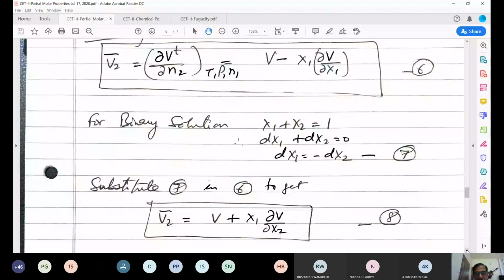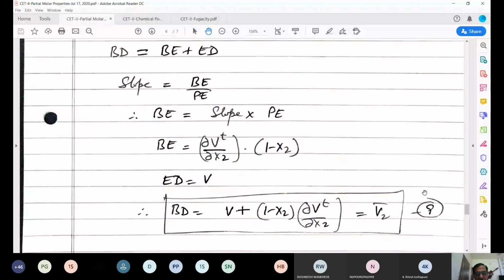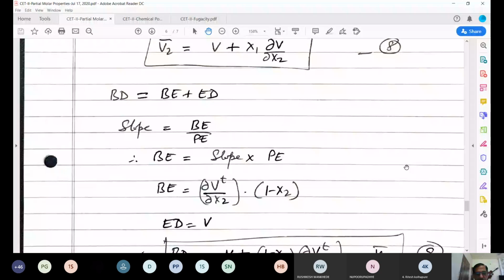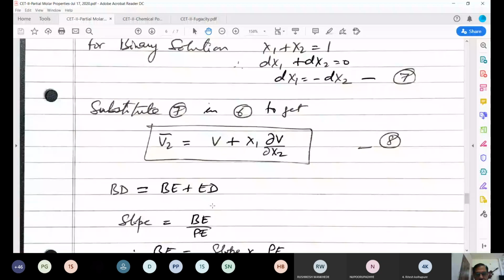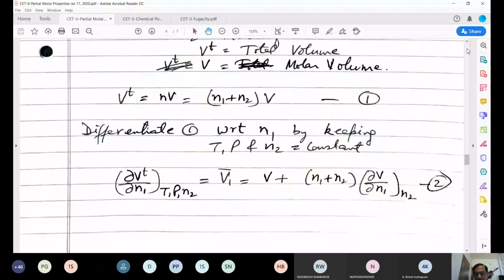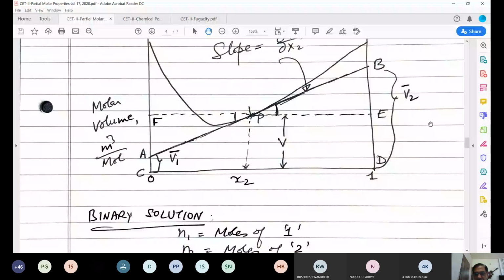Okay. So let's see how we can correlate this with our graph. If you look at the graph, BD is equal to BE plus ED, right? If you look at this y-axis, BD is equal to BE plus ED.